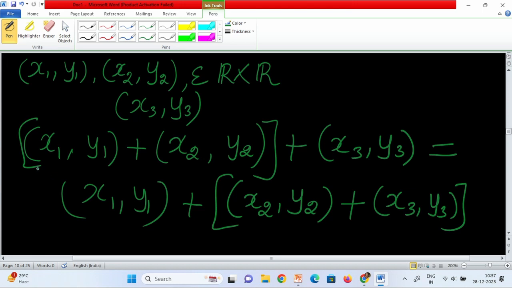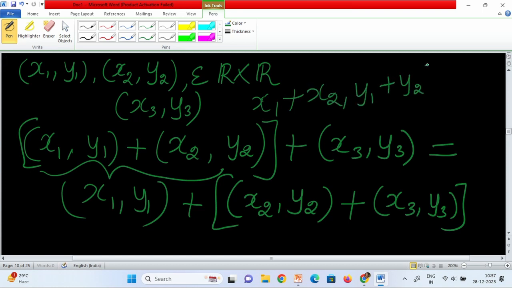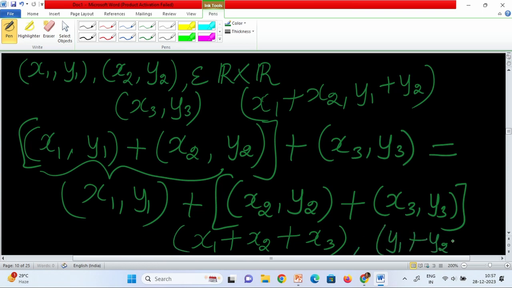For that, first we have to take these two elements and add, which gives the result x1 plus x2, y1 plus y2. Then x1 plus x2, y1 plus y2 plus x3, y3, which in turn gives x1 plus x2 plus x3, y1 plus y2 plus y3.